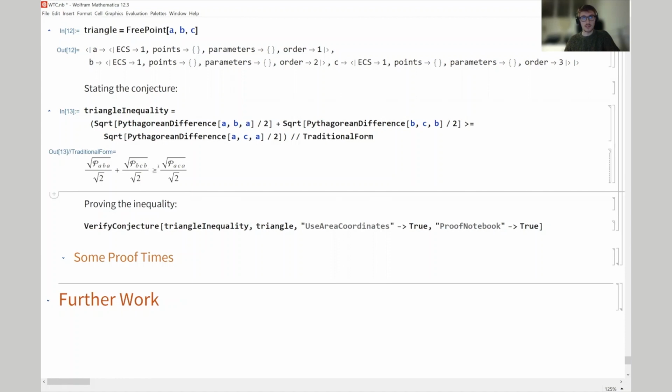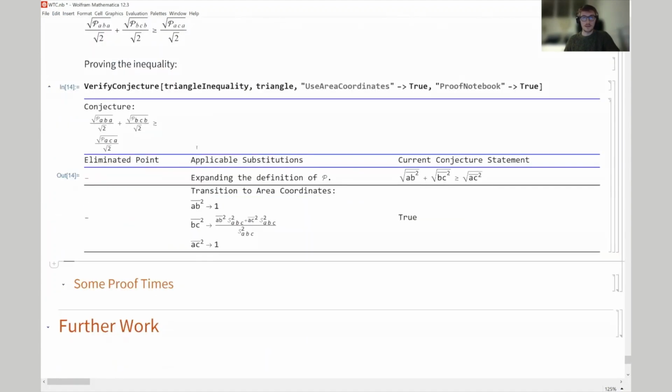So we have to express distances using Pythagorean differences. And now we can try to prove this, and we will see that this will quickly resolve to a more familiar form. So once we expand the definition of P, this is a more familiar form of the triangle inequality. And after transitioning to area coordinates, this conjecture turns out to be true.